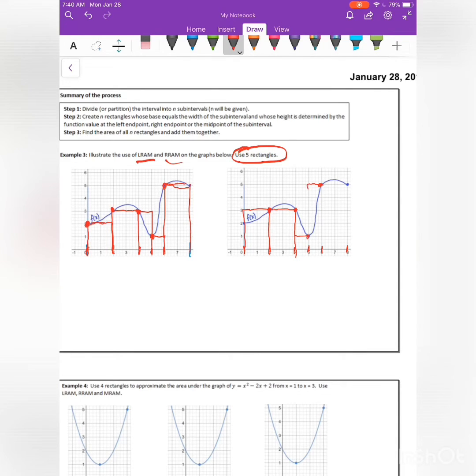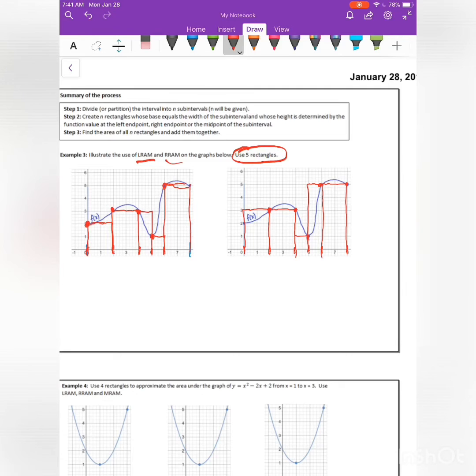At 6, way up there. Okay, draw that. And then 8, right about there. Again, at each one of those rectangles, the right endpoint is on the curve. So we can look at those two different values. They'd probably be a little different, but they both would be an approximation for the area underneath that curve f of x.